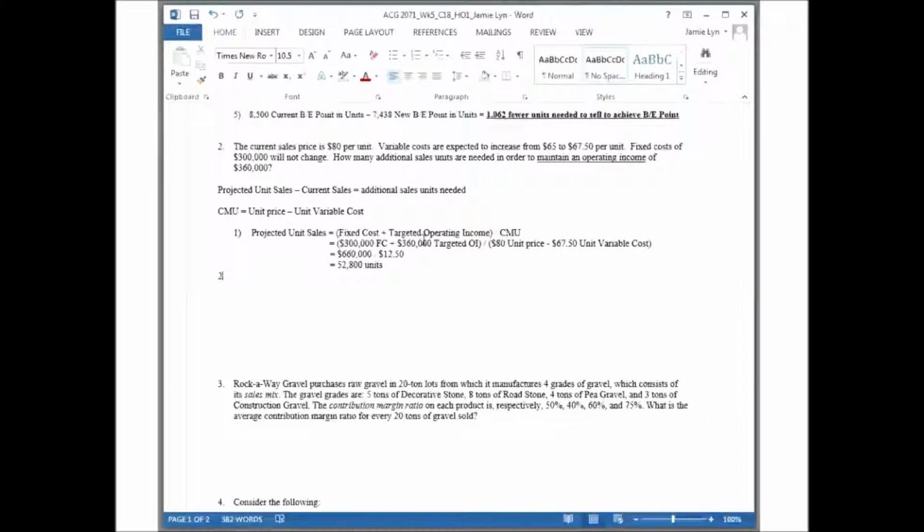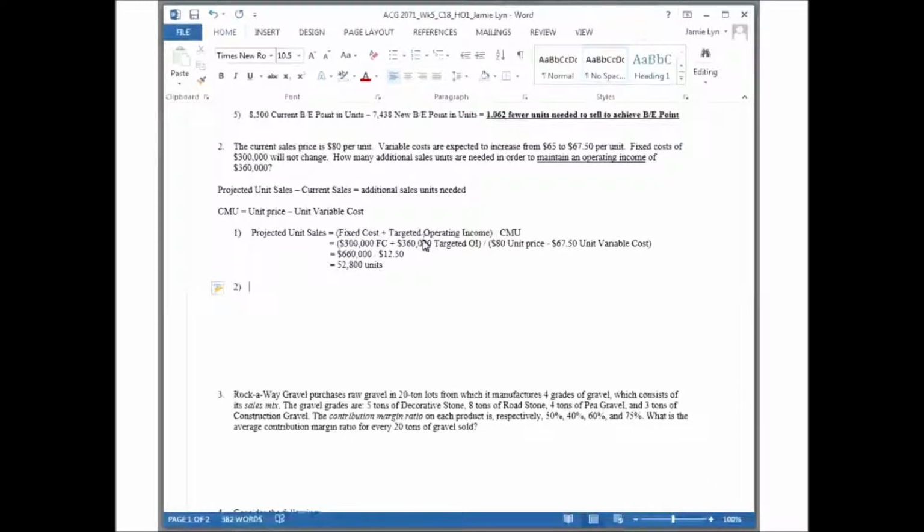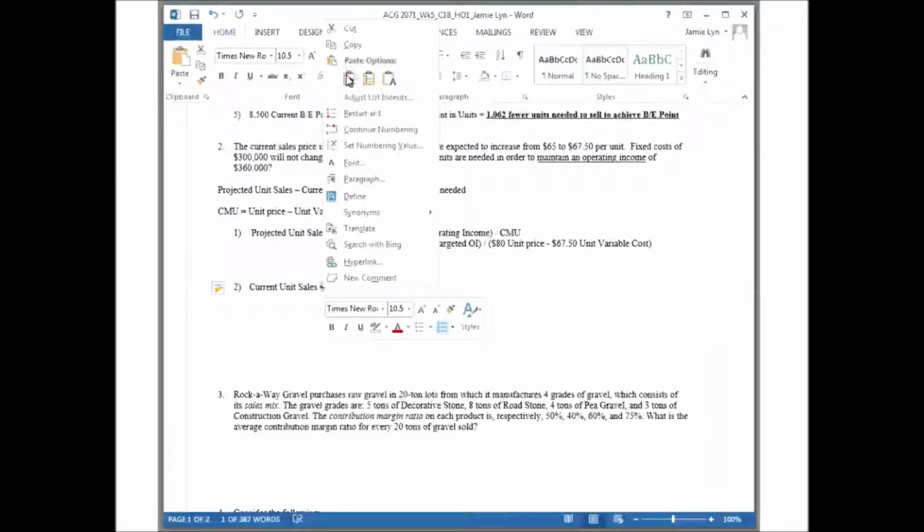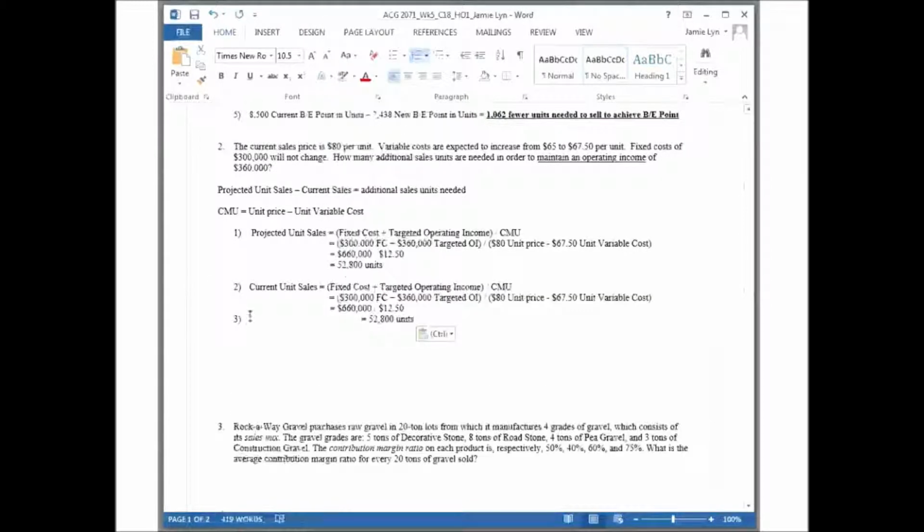Now we're going to calculate current unit sales. I'm actually going to copy and paste this because it's the same formula. Just a few changes. Okay, so the same formula.